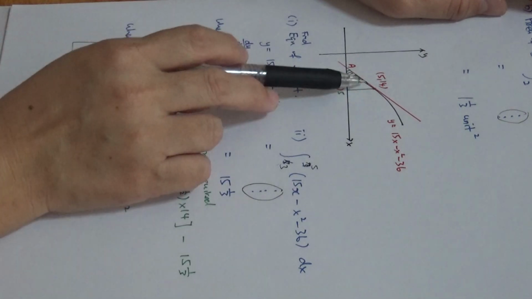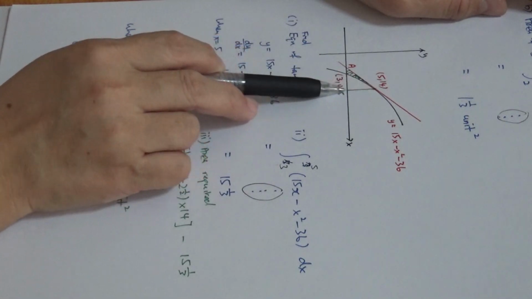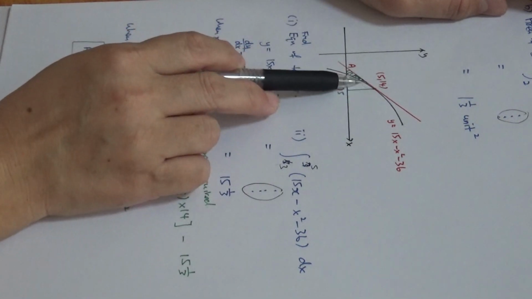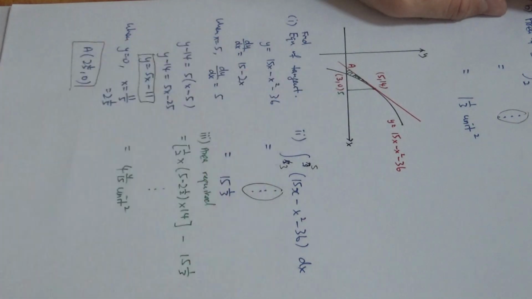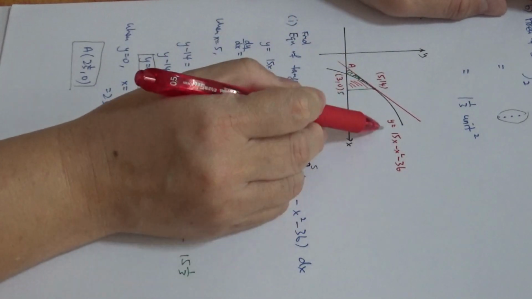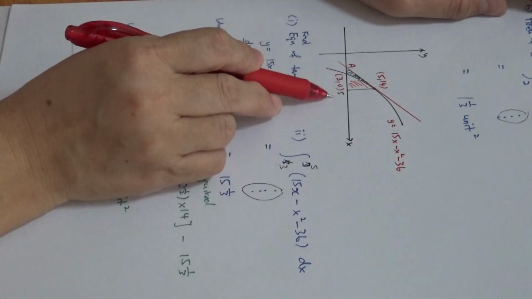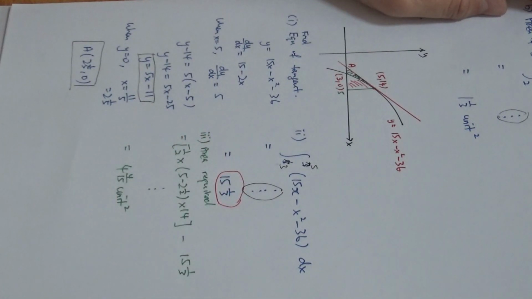Alright, now the area shaded required here. Now all of you look here. The area required here will be the area of this triangle minus the area under the curve. Can you see that the area under the curve here is you integrate this from 3 to 5. Now actually this is the answer already. There's no need to integrate again.